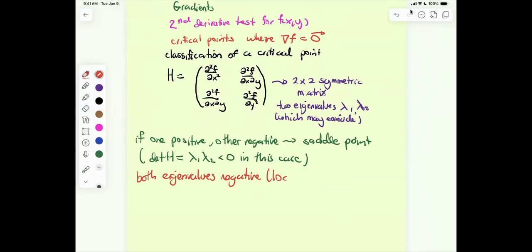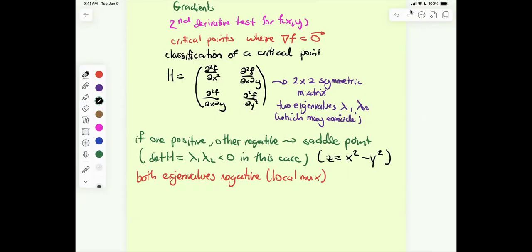Let me put, oh, by the way, I should put the baby example for each case. An example for the first one will be x squared minus y squared. This is a very simple case, right? Because there's only one critical point, at the origin. And if you look at the Hessian matrix, it's just a diagonal matrix.